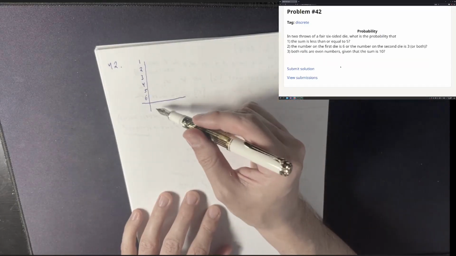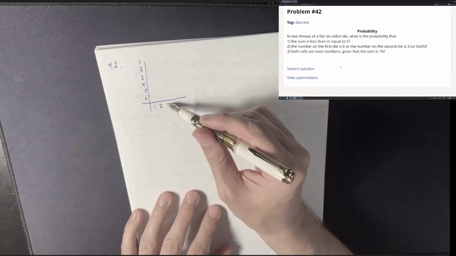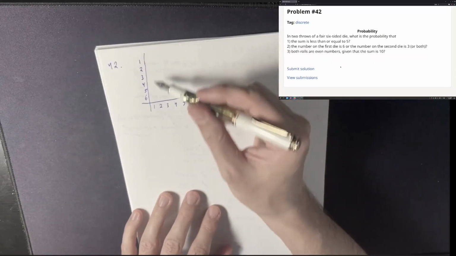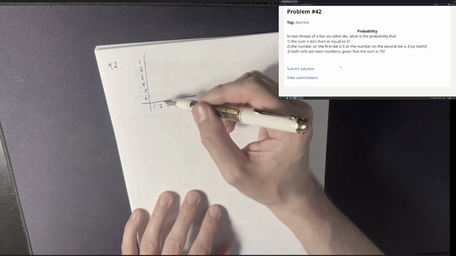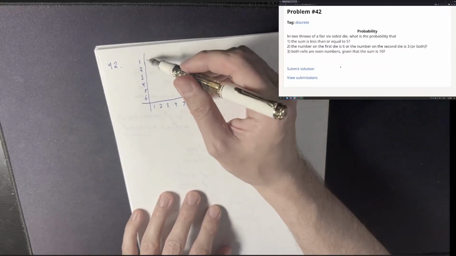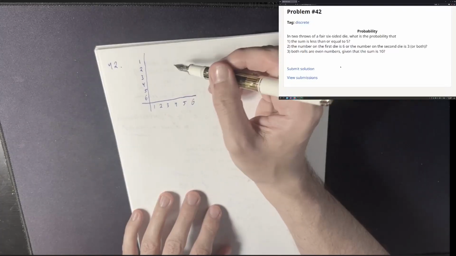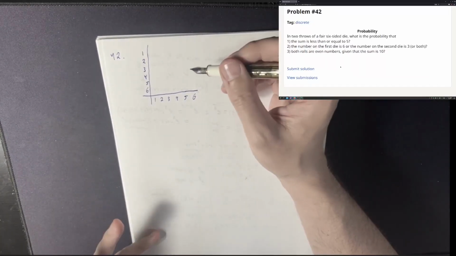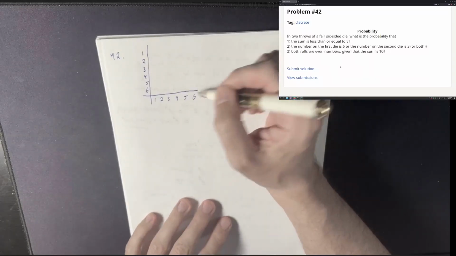You could make a little grid like this. Each of the cells in my little array is going to correspond to a roll. I could put 1,1, 1,2, 1,3, you get the idea, but instead I'm going to put sums because they're talking about sums. They could have been talking about products, and I would write products in these cells.